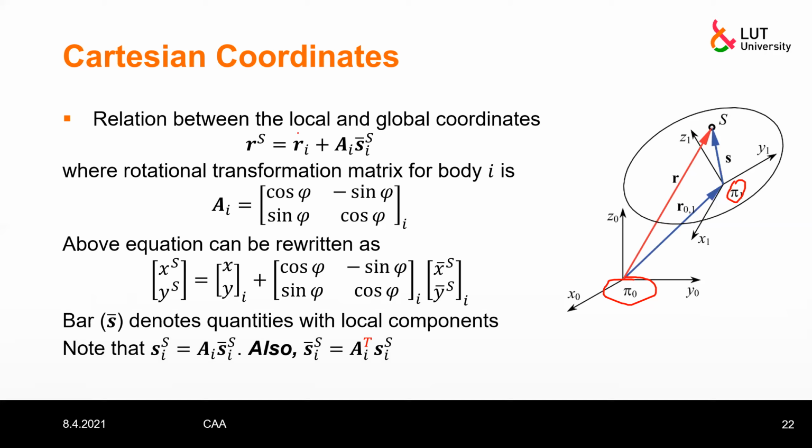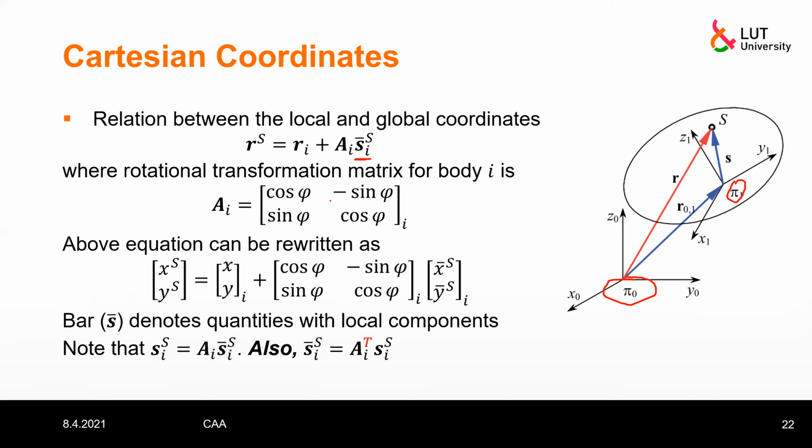This is the position of the local reference frame plus vector s, but described in global coordinates. This is reasonable and easy. Of course, this is in local coordinates. We must define it in global coordinates, and we transform it from local to global using the so-called rotational transformation matrix of body i.